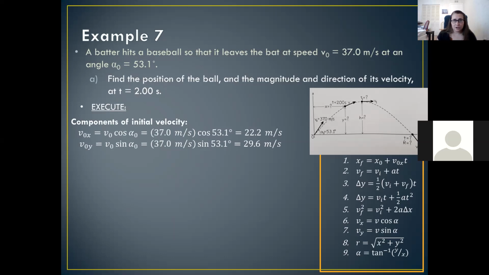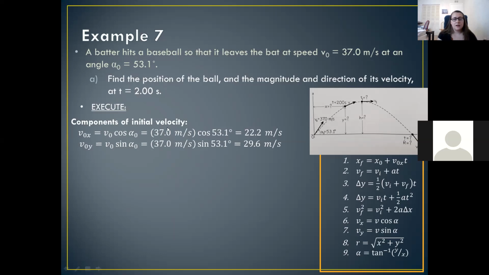They do not like to share, so you can't put them in the same equation. So you have to take that initial velocity and break it down into its components. Our initial x velocity is the initial velocity times the cosine of our angle, because again, this x direction is adjacent to our angle. Remember, SOHCAHTOA. CAH is adjacent over hypotenuse.